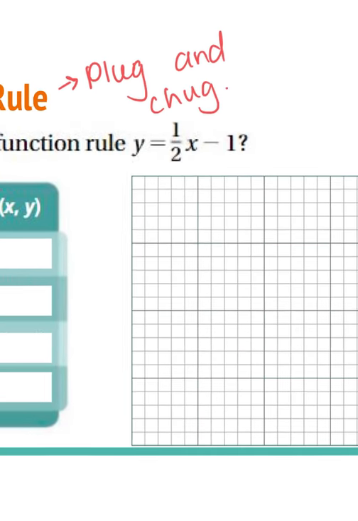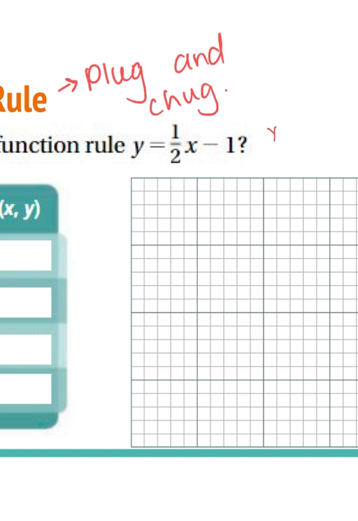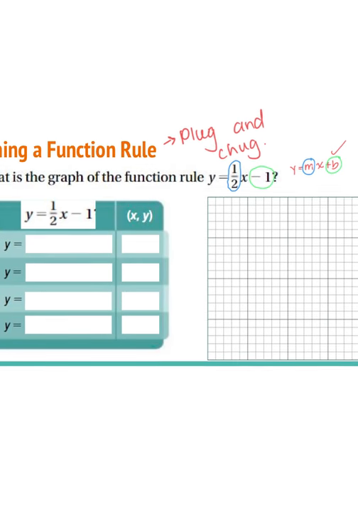Now, off the bat, guys, is this in the form y equals mx plus b? Absolutely. So we know it's going to be a linear function. This 1/2 is our m, and then this minus 1 is our b, okay? So we already know that it's going to be linear, so we know it's going to be a straight line.